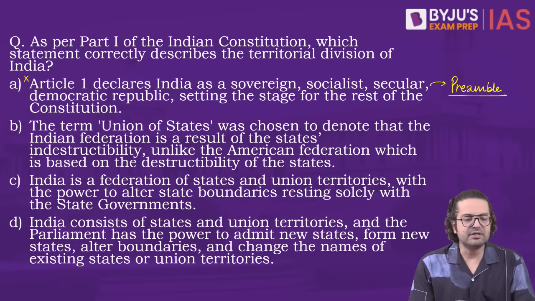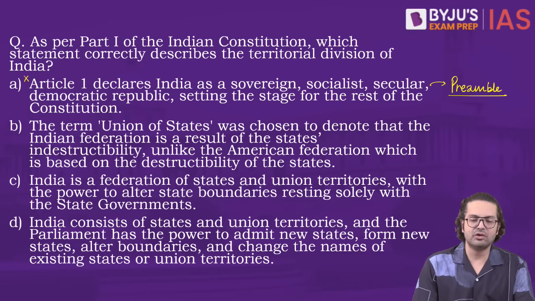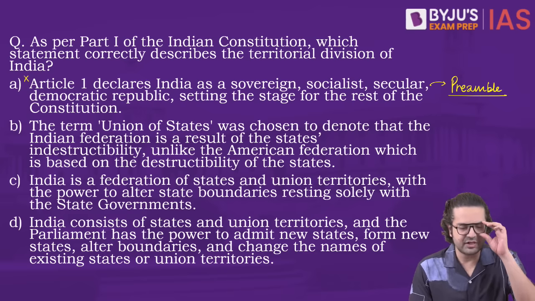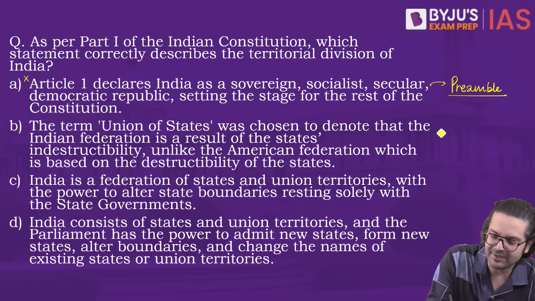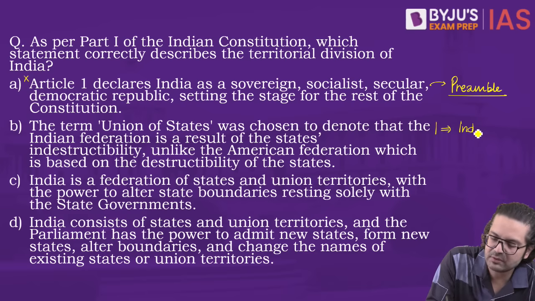B. The term Union of States was chosen to denote that the Indian Federation is the result of the states' indestructibility, unlike the American Federation, which is based on the destructibility of the states. It's the exact opposite. India is an indestructible union of destructible states, whereas USA is an indestructible union of indestructible states.